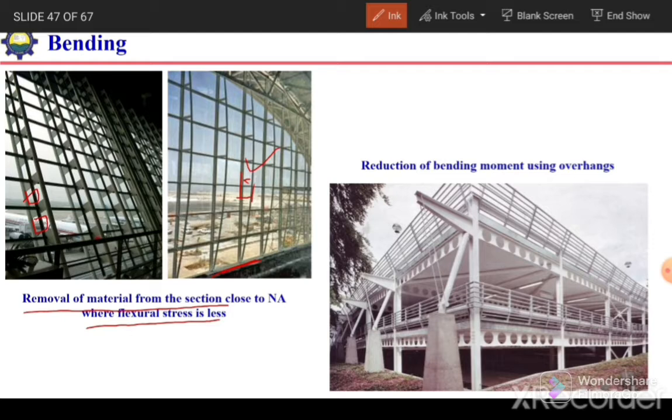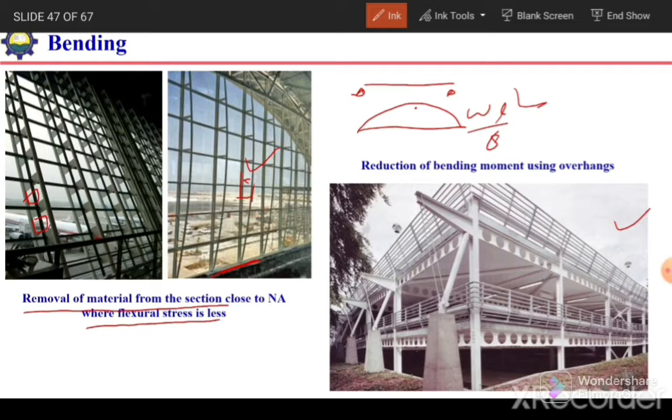So this figure shows how we can reduce the bending moment in structures. If we can reduce the bending moment somehow, the required depth of the section will be reduced. If our structure has simple supports, the maximum bending moment will be WL²/8 at the center.